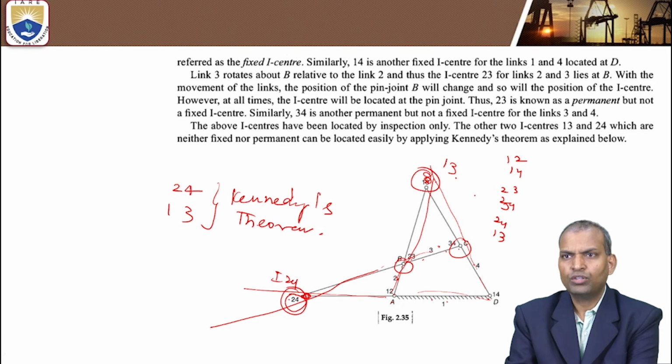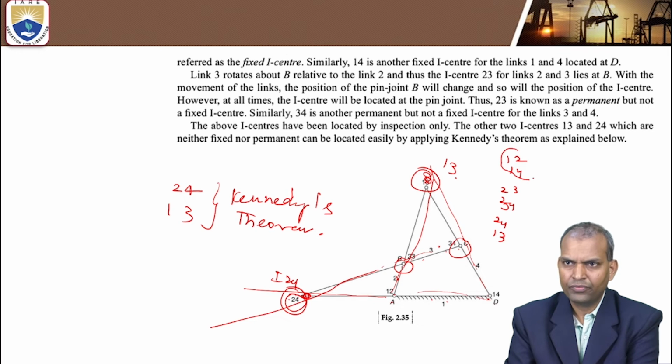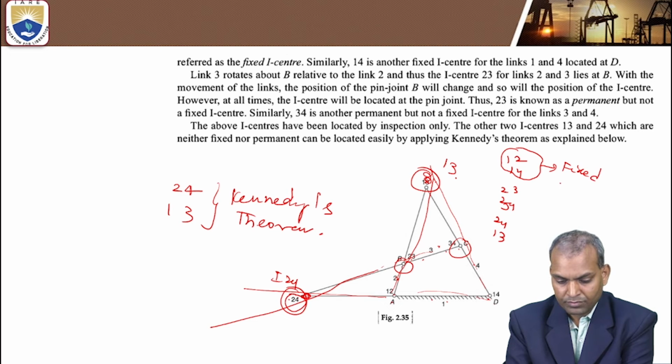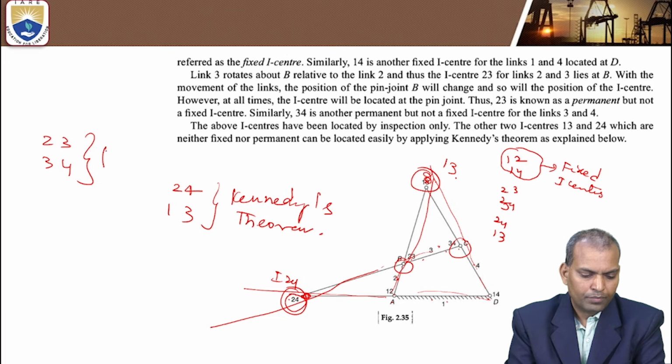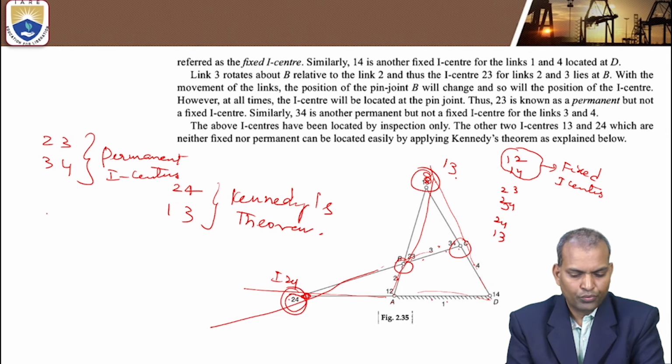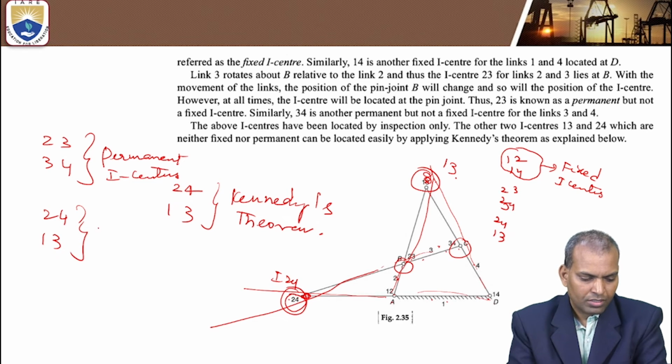Among these, 1,2 and 1,4 come under the category of fixed I centers. 2,3 and 3,4 come under the category of permanent I centers. Finally, 2,4 and 1,3 come under the category of neither fixed nor permanent, the NFNP category.